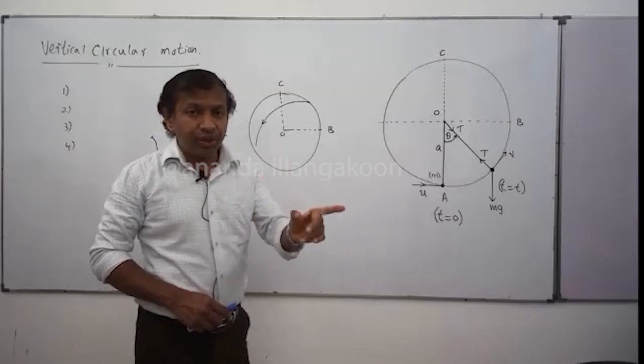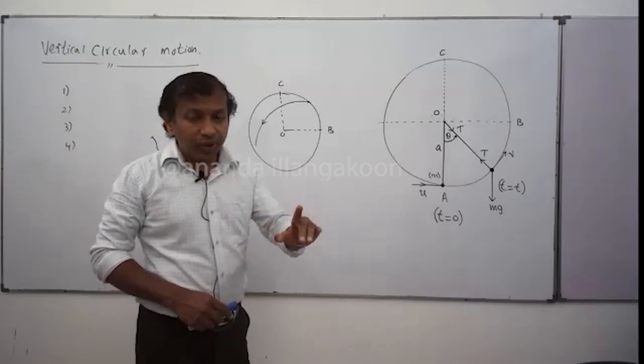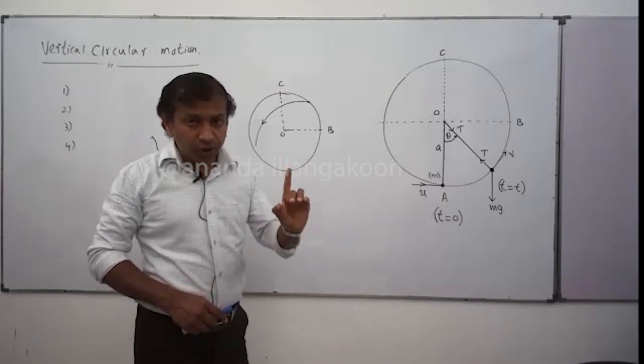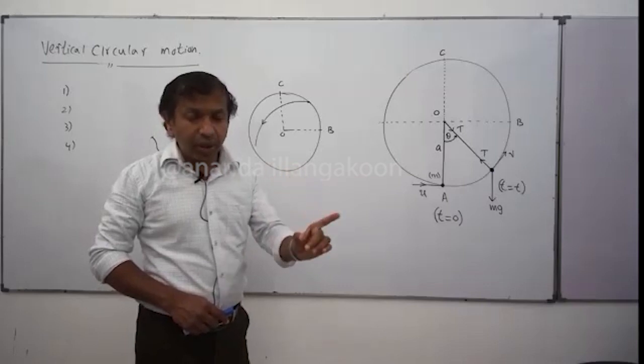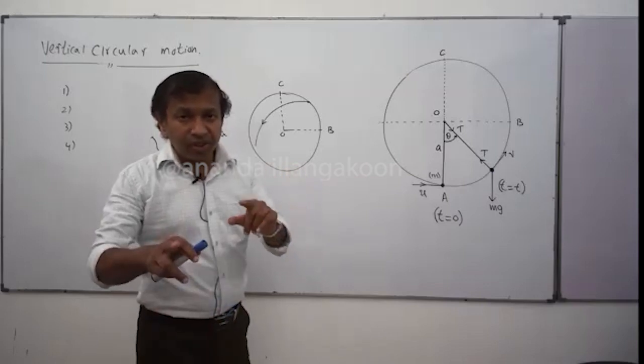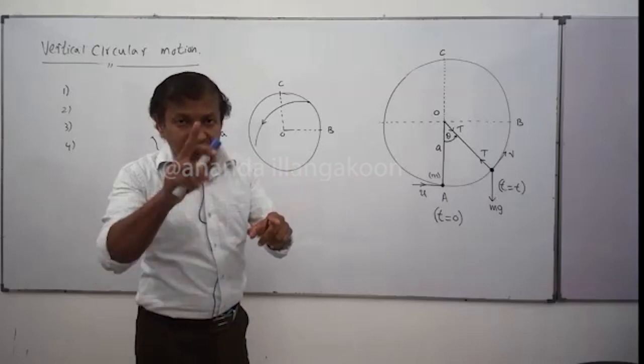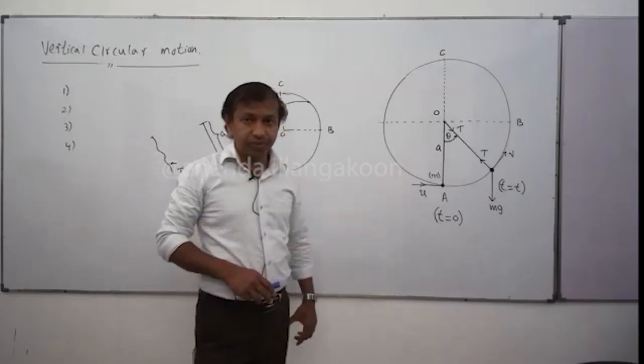Velocity V and tension T both vary. The one which comes to zero first is velocity, not the tension.